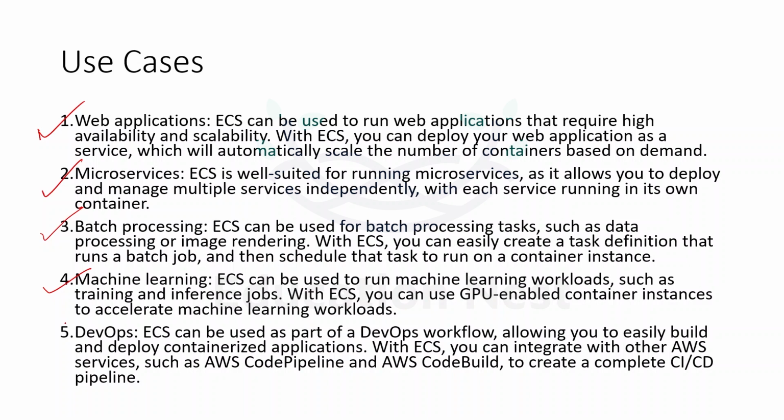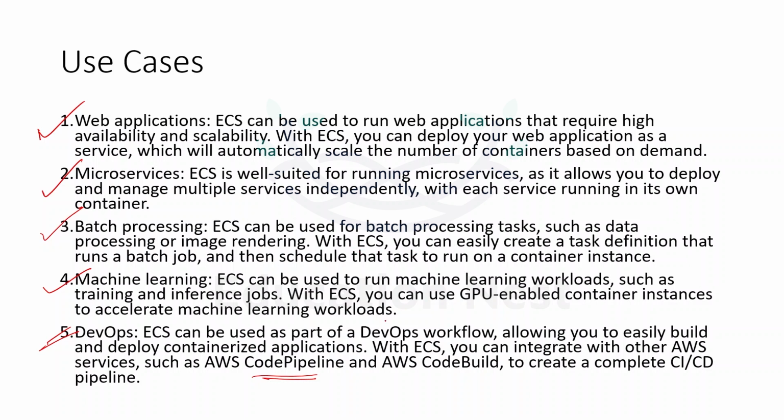Then we have DevOps. So this is basically very good, because we can easily build and deploy containerized applications. So with ECS, you can integrate with other AWS services. We have talked about CodePipeline already, right? So if you want to create this CI/CD or if you want to follow these DevOps methods, then you can use ECS as well because it will be easily integrating with CodePipeline or CodeBuild.